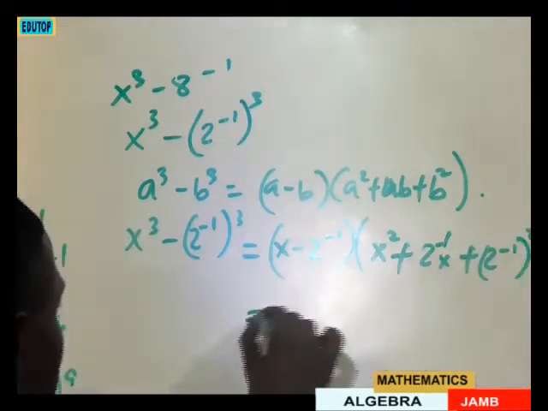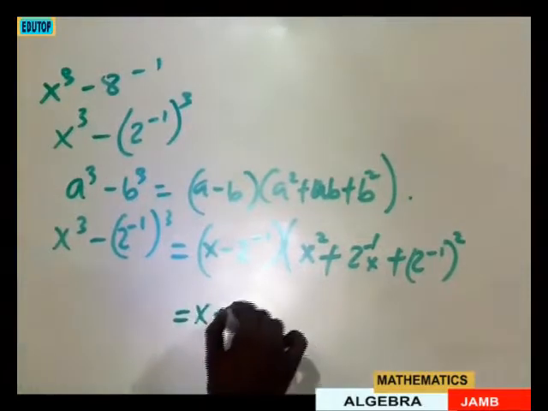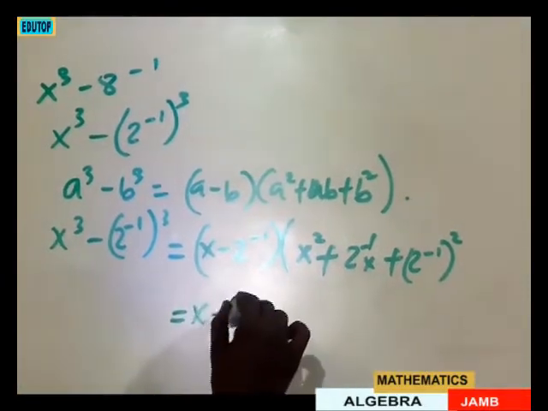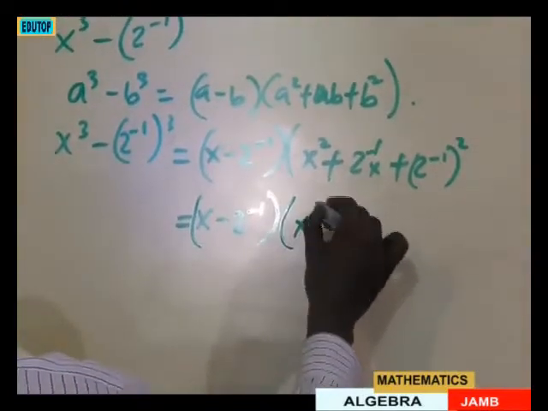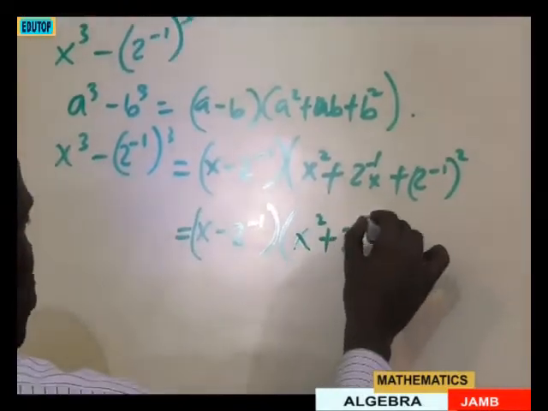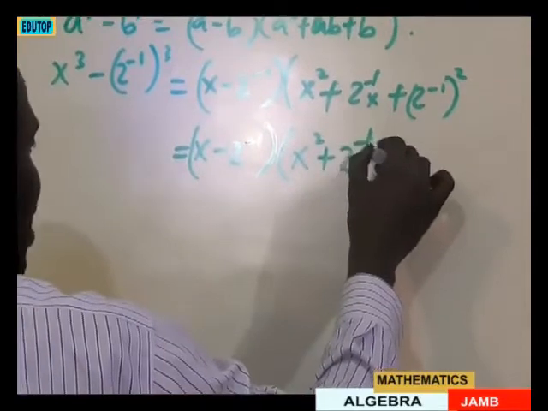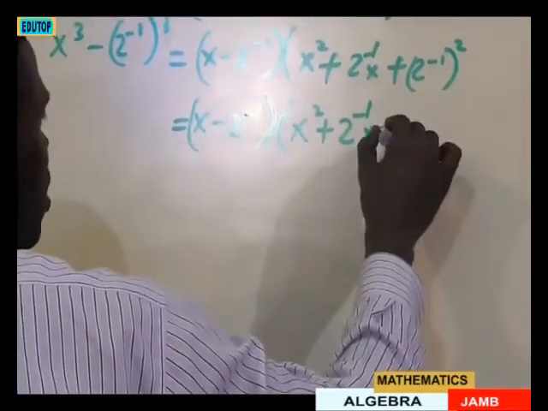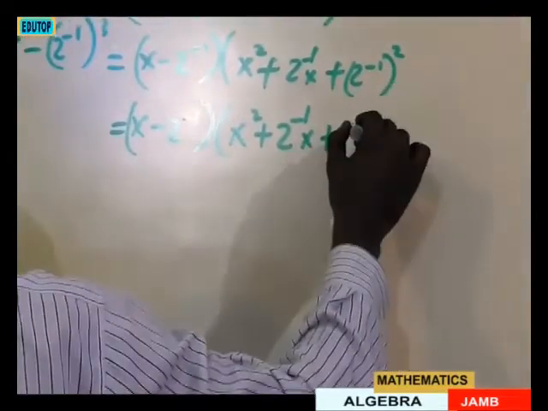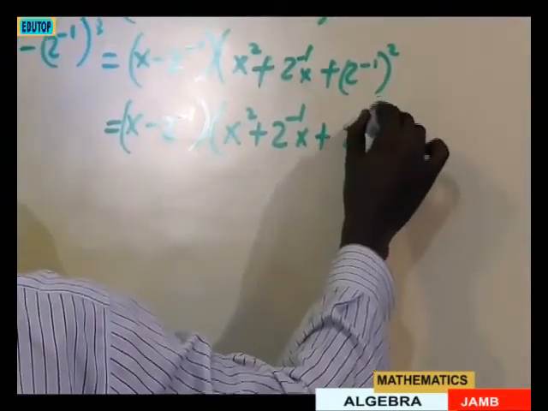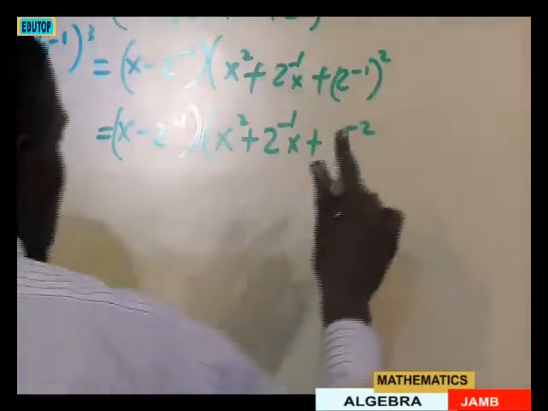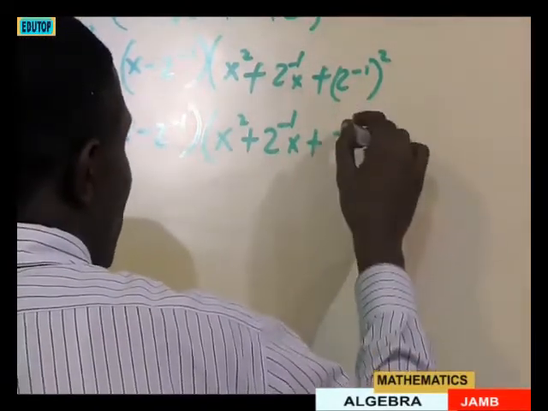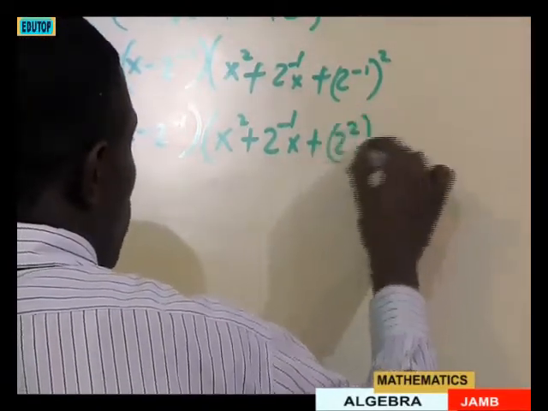So which I can simplify as x squared minus x minus 2 raised to power minus 1. And this one is x squared plus 2 raised to power minus 1 x. And this one will be plus 2 raised to power minus 2, or let's say 2 raised to power 2 into minus 1.